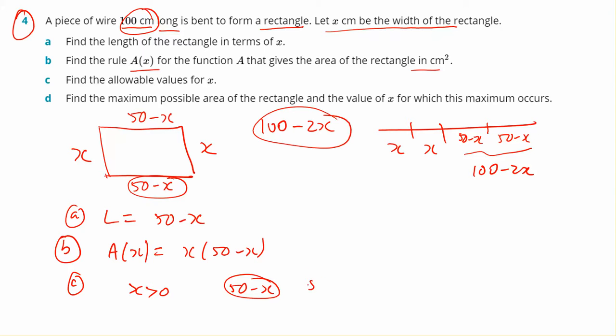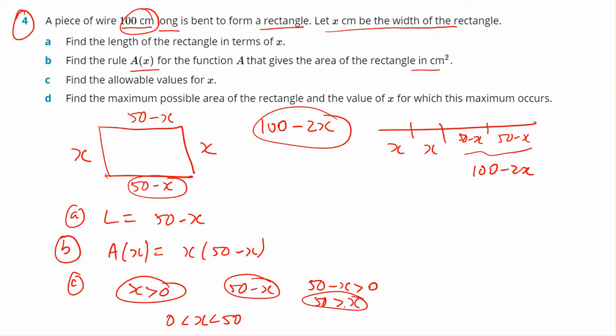So we need to make sure that 50 minus x is greater than 0. I rearrange: x is less than 50. Combining these two restrictions, x is greater than 0 and x is less than 50, means that x must be between 0 and 50.